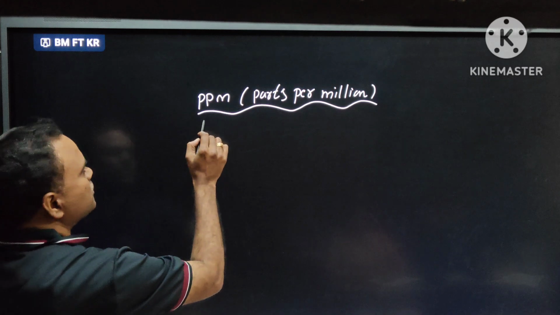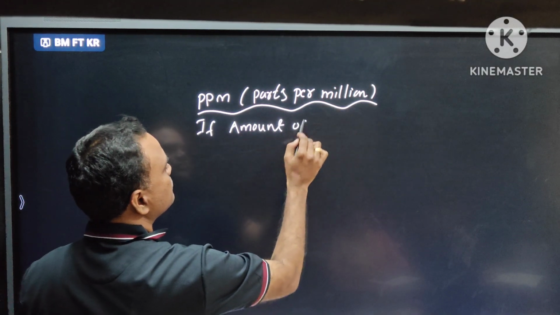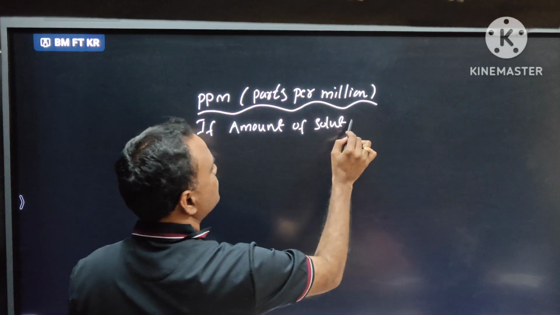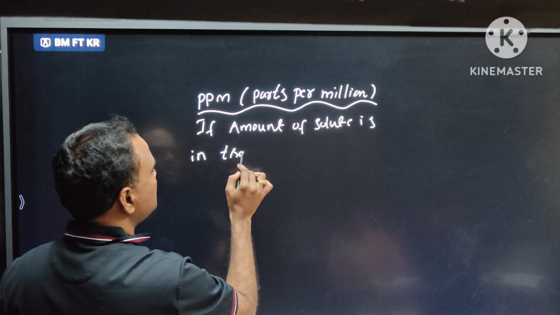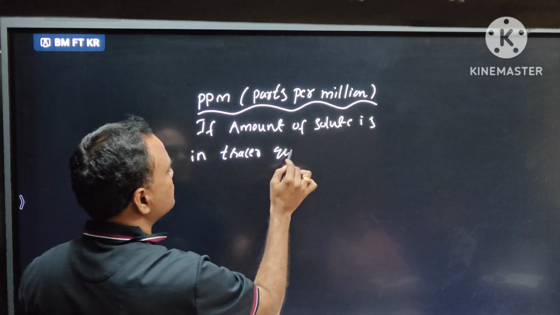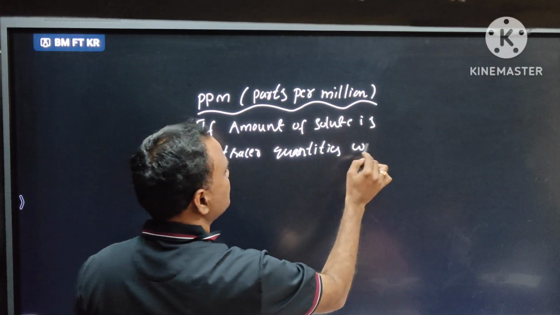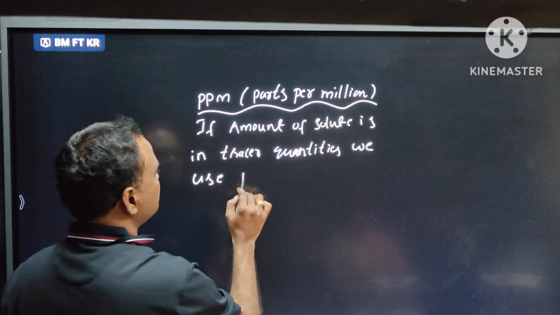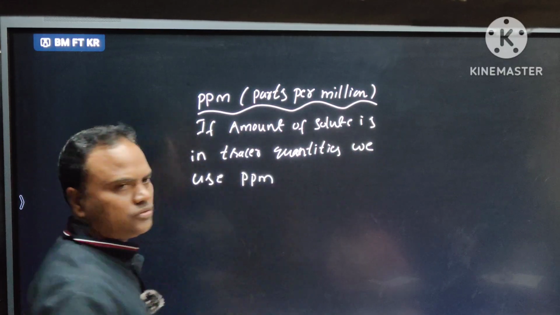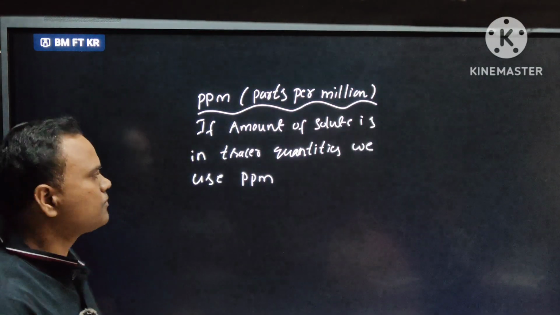Note, mention that if amount of solute is in tracer quantities, we use ppm, parts per million.